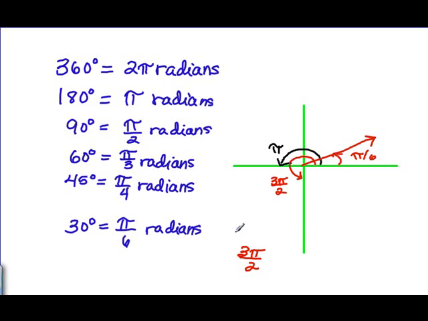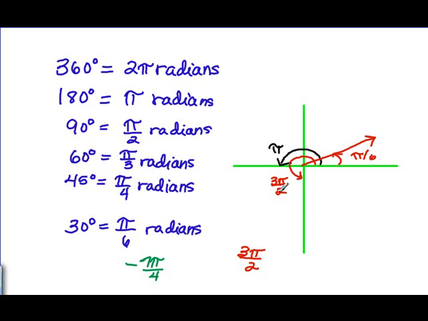Now, what if you wanted to represent the angle negative 7 pi over 4? So now we're going to go in the negative direction. And the easiest way to think about it is, what is pi over 4? Pi over 4 is 45 degrees. So if we have 1 pi over 4, then 2 pi over 4 takes us to the 90 degree mark.